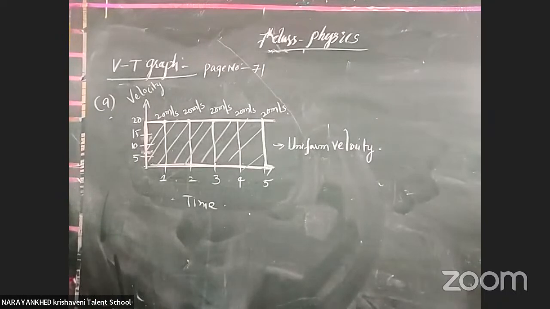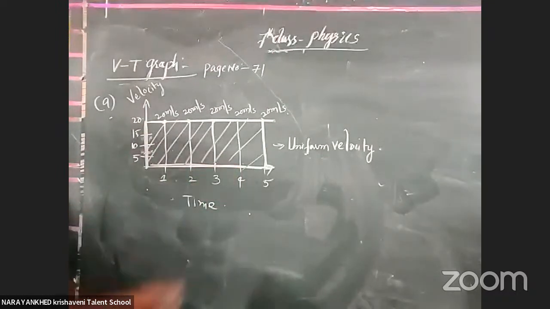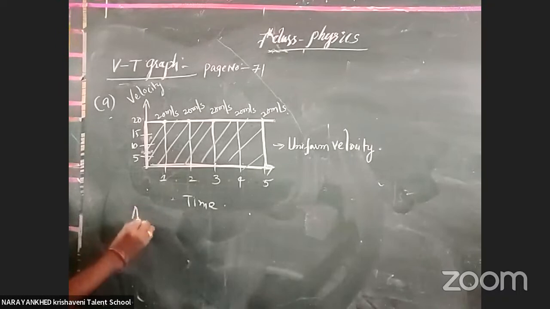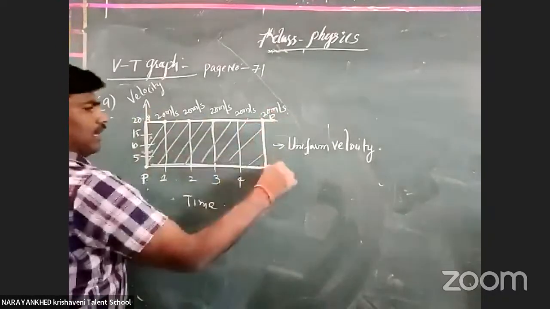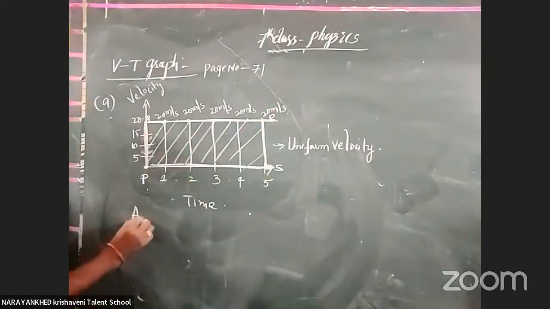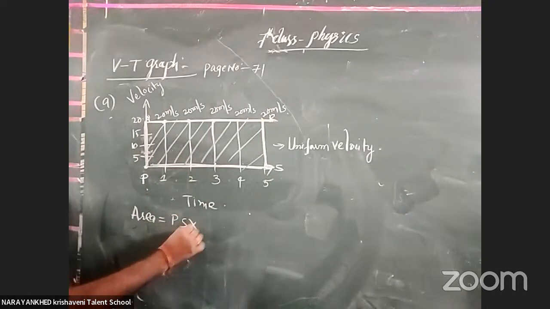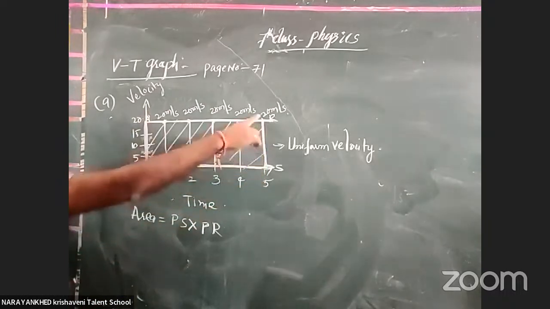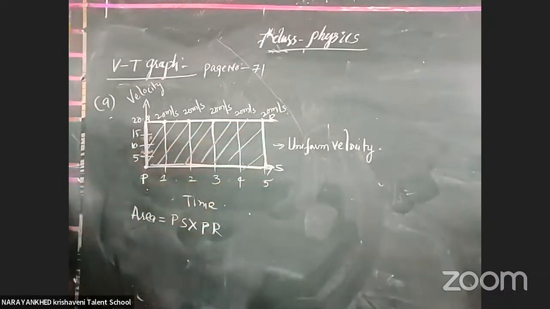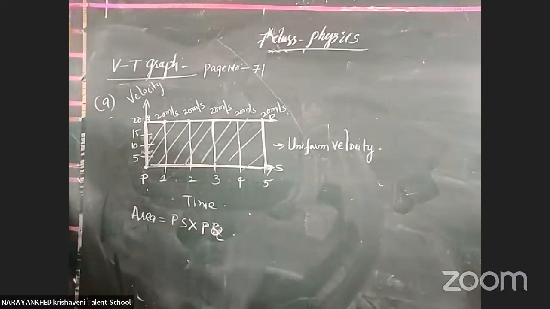Okay, one second. How to find the area? It is a rectangle. The area of a rectangle is length into breadth. Here they have taken P, Q, R, and S. Now the area becomes PS into PQ.